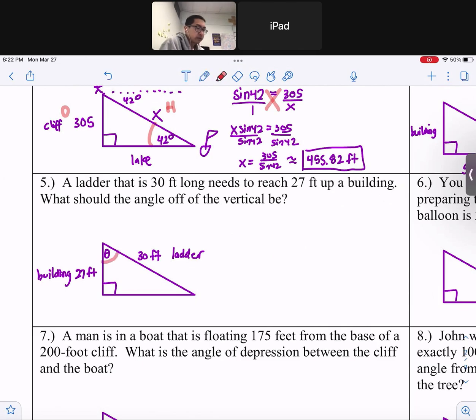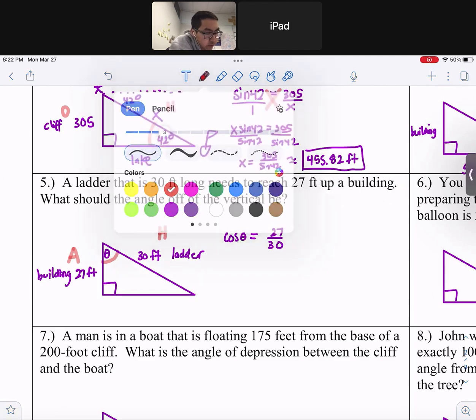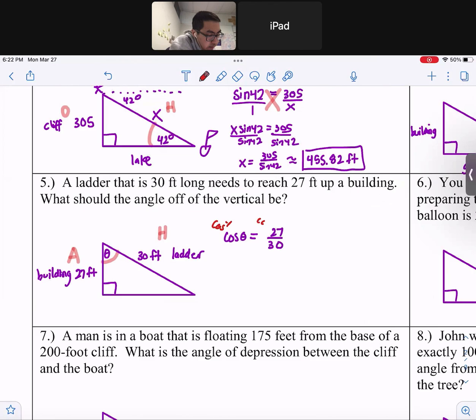So in the perspective of this angle, this is hypotenuse, this is adjacent. So definitely going to be using cosine. Cosine of theta equals adjacent over hypotenuse. And to solve for our angle, we need to do cosine inverse to both sides.